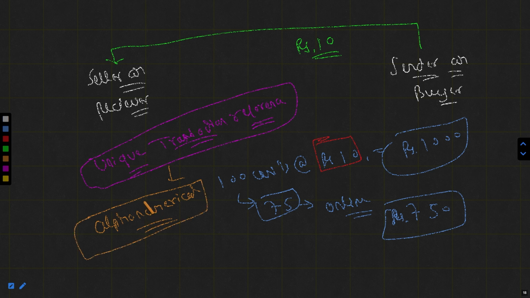Whenever you make a payment online, whether you are receiving or sending, you will always get a UTR, in the form of alphanumerical. So when I ask you to show me that you have paid me rupees 10, you will show me the UTR. The same UTR will be reflected in your account and in my account. By checking the UTR, I will find out whether these rupees 10 have been sent by you or not. So remember, that's how the UTR works, and it is in the form of alphanumerical.